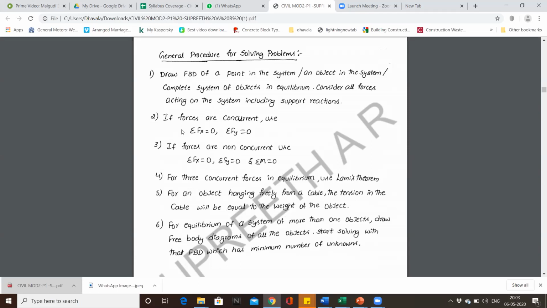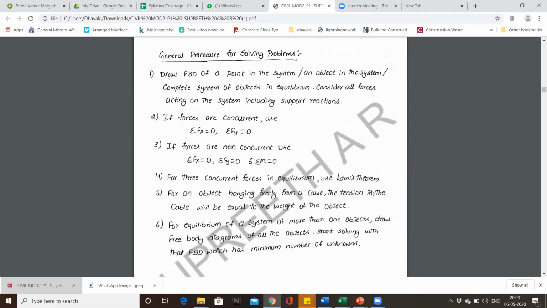After equating these equations, the next thing is to see if the system of forces we have got is 3 or more. If we have just 3 forces, our problem solution becomes very easy. We just have to use Lami's theorem.